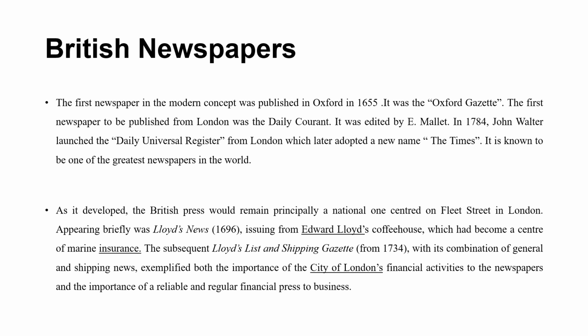The subsequent Lloyd's List and Shipping Gazette from 1734, with its combination of general and shipping news, exemplified both the importance of the City of London's financial activities to the newspaper and the importance of a reliable and regular financial press to business.